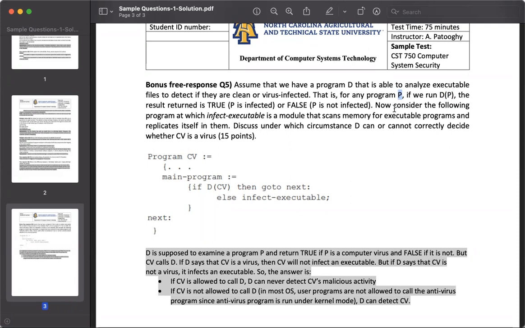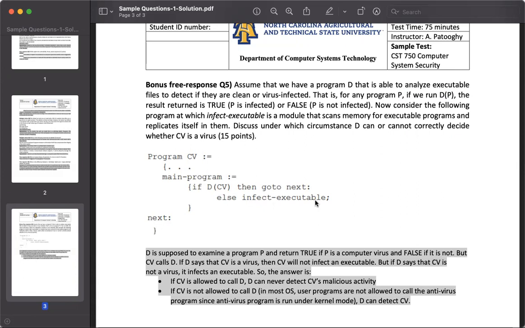Now, someone has written a program like this, CV, and we want to see if D is able to detect whether CV is malicious or infected. CV is obviously malicious code, because in the main program, at some situation it says infect executable.